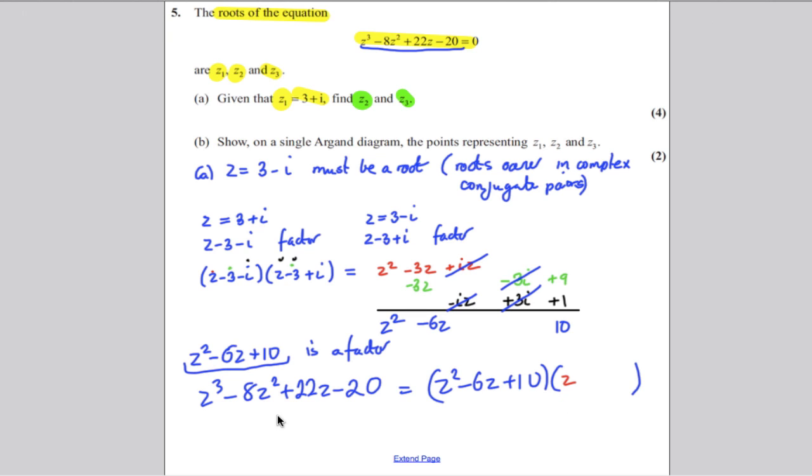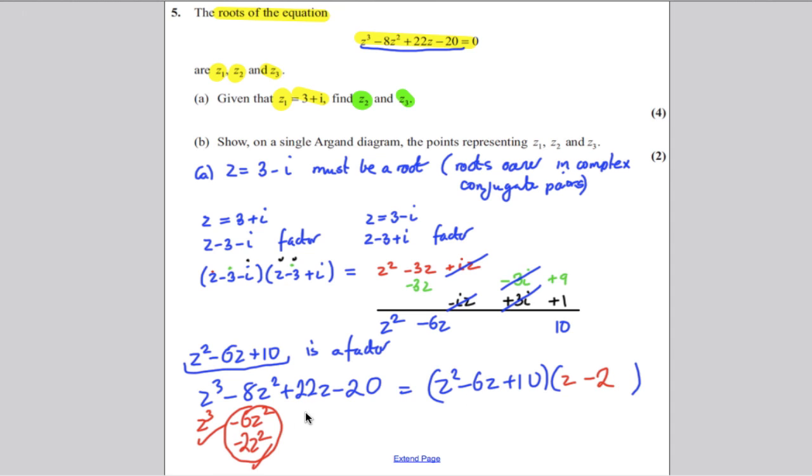Well, z obviously, and that gets you the z cubed you're after. But it also creates for you a negative 6z squared. I want negative 8z squared, right? So I need a negative 2 here, because negative 2 times that will give me the extra negative 2z squared I'm after, and I will have negative 8z squared. And I'll be done here and here.